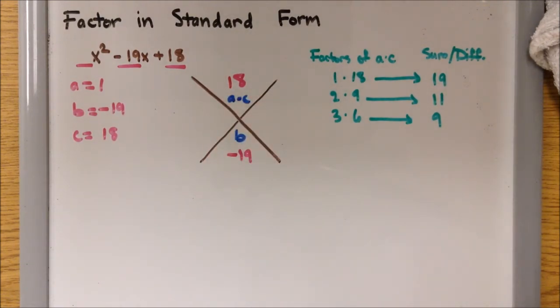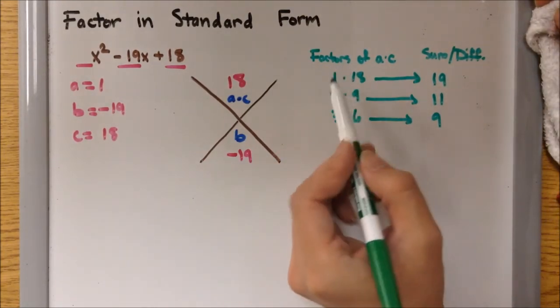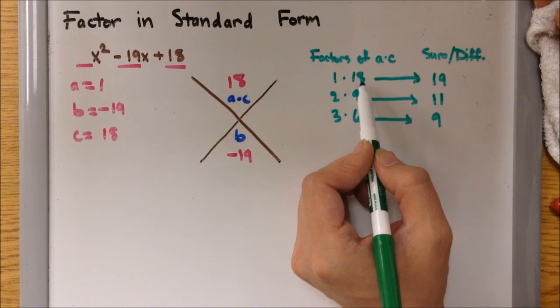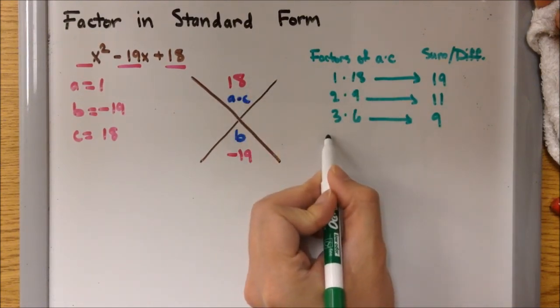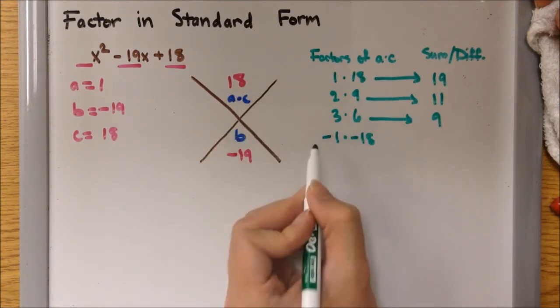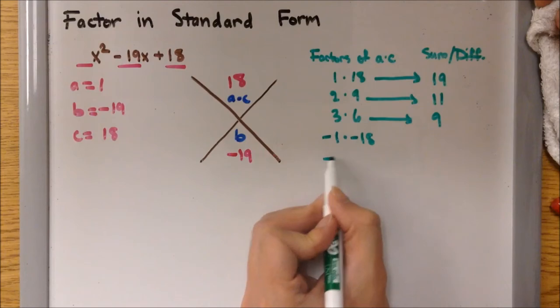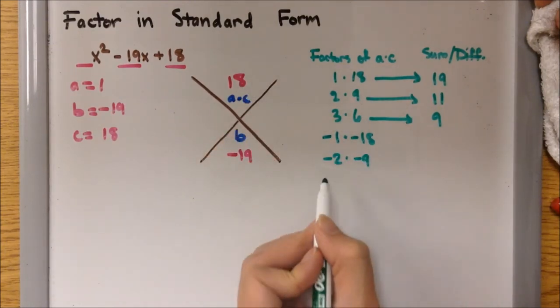So what other factors could we use for positive 18? Well, if a positive 1 times a positive 18 will give you positive 18, then negative 1 times negative 18 can give you positive 18. Negative 2 times negative 9 will also give you positive 18.